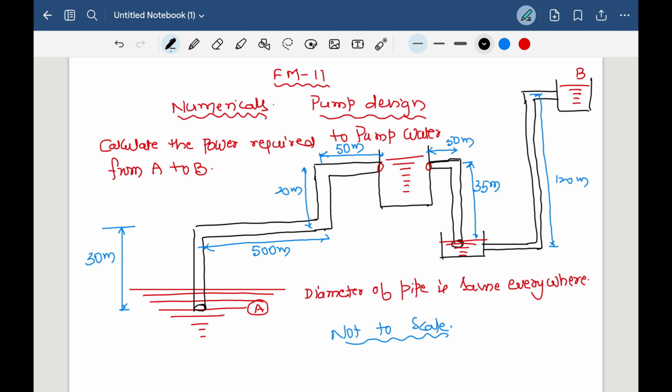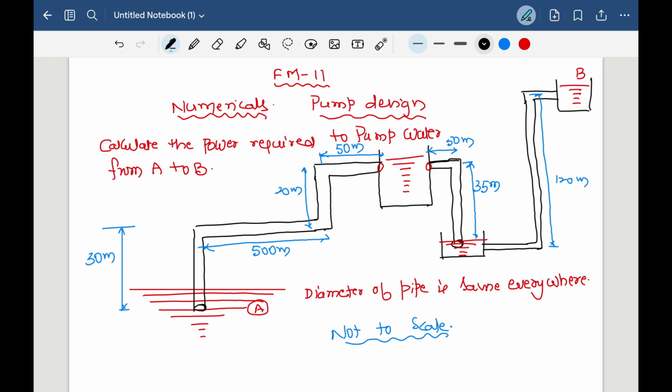Now in this, it is A, the next one is B, the next one is C, and the last one is D. First, from ground level to pump level, there is an elevation of 30 meters.